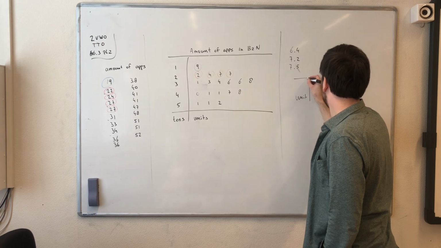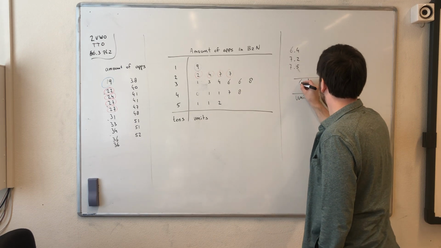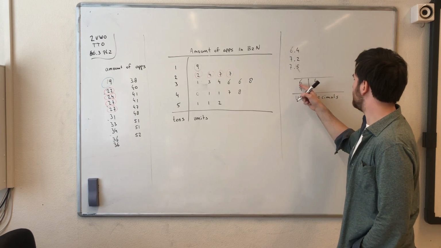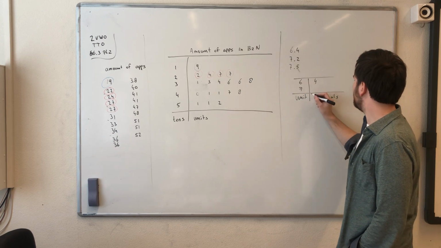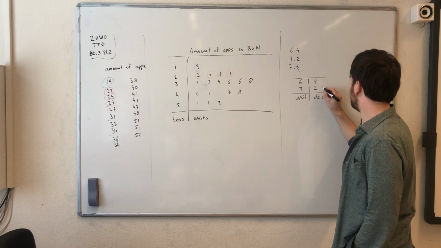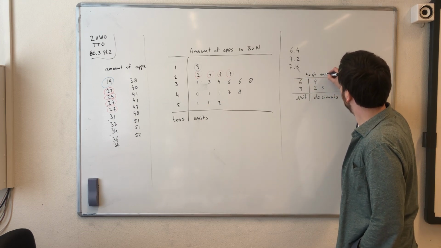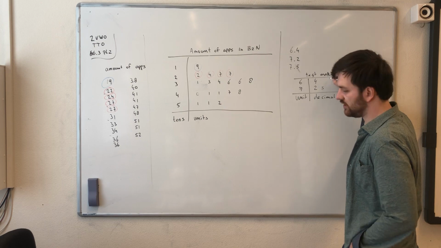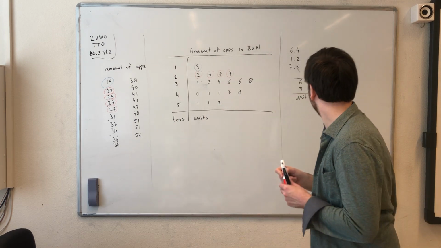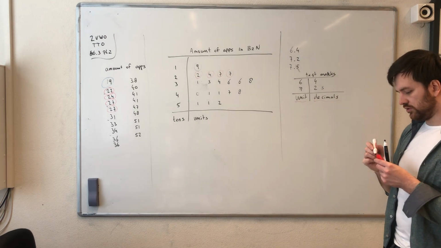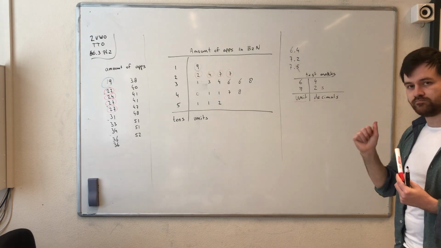So we have two different units. We have 6 and 7: 6.4, 7.2, 7.5. So these are decimals. And it's important to know that these numbers down here are different. And that's how you can also use different numbers. Good luck.